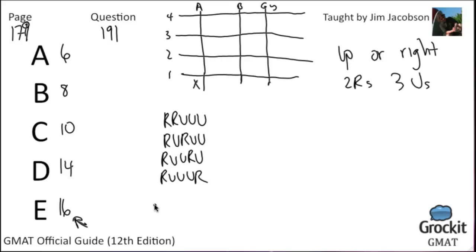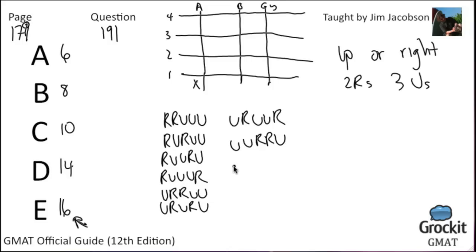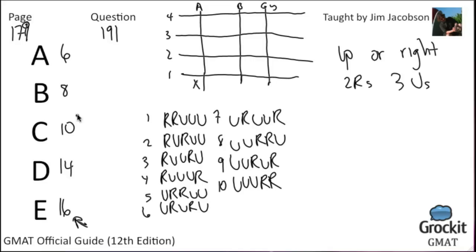So we have up, right, right, up, up, up, right, up, right, up, right, up, up, right, up, up, right, right, up, up, up, right, up, right, and then the converse of the one going along the bottom edge, just going up, up, up, right, right. 1, 2, 3, 4, 5, 6, 7, 8, 9, 10. There are 10 ways.